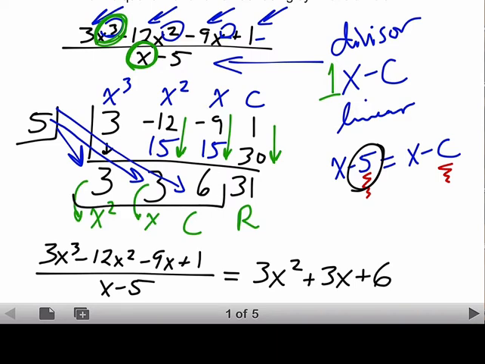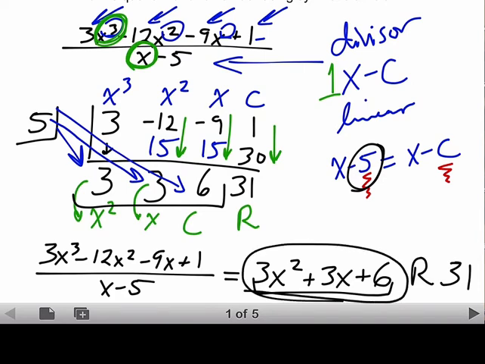That would be the quotient, and with a remainder of 31. So the quotient, 3x squared plus 3x plus 6, and the remainder, 31. Let me label that first one as the quotient, the remainder, 31. And that's what we were asked in this exercise.